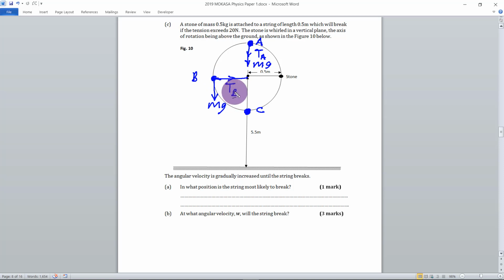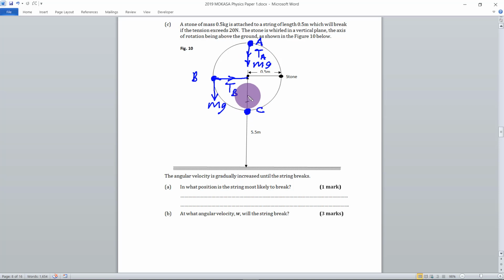The angle between this tension and this weight is 90 degrees. So the only force which provides centripetal force is the tension in the string. However, at point A, the tension in the string and the weight provide the centripetal force.